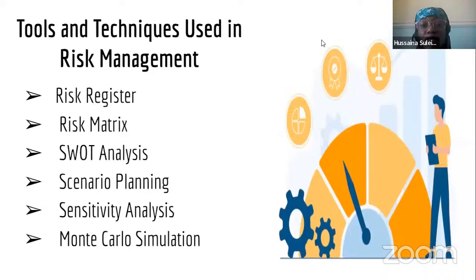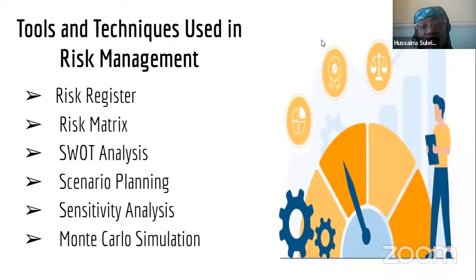So, tools and techniques used in risk management. All of these are tools and techniques that you can apply when you're trying to manage a risk. The first one, we have a risk register. I just figured I should have added maybe a picture, but it's not really something you will not be able to understand.